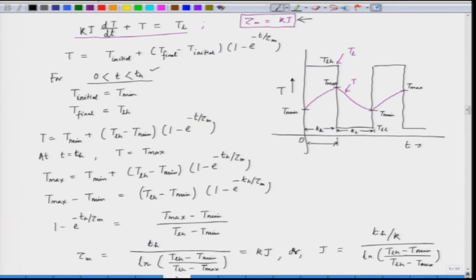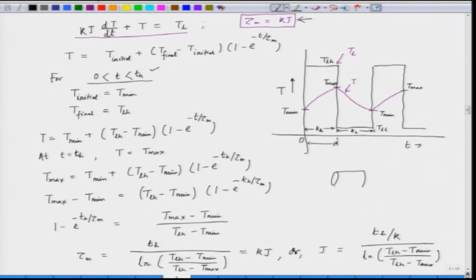Now, this inertia is a combined inertia, because we know that we have a motor here, we have the load in this case, this is the motor and we have the load, and what we have here is a flywheel. So, the combined inertia here is the j. J is the combined inertia of the motor, load and the flywheel.